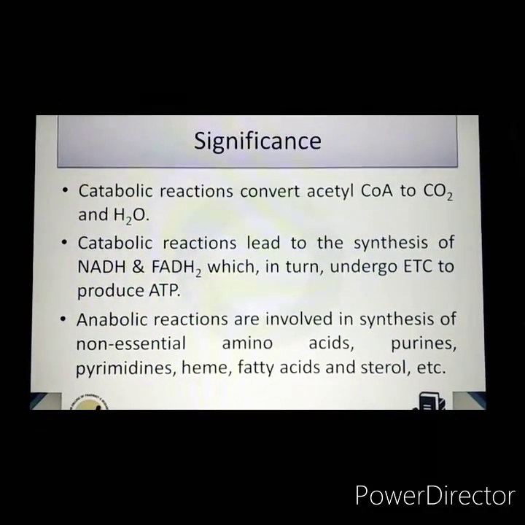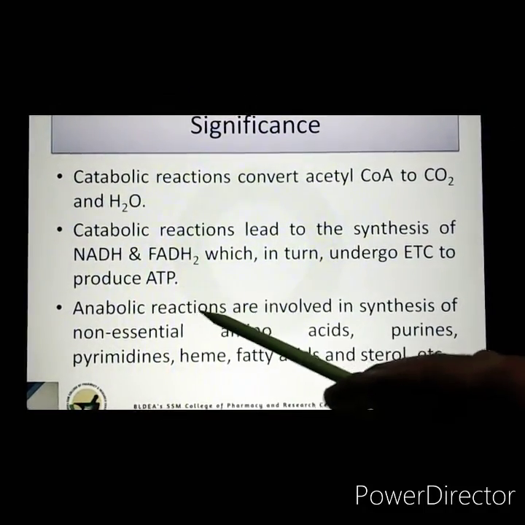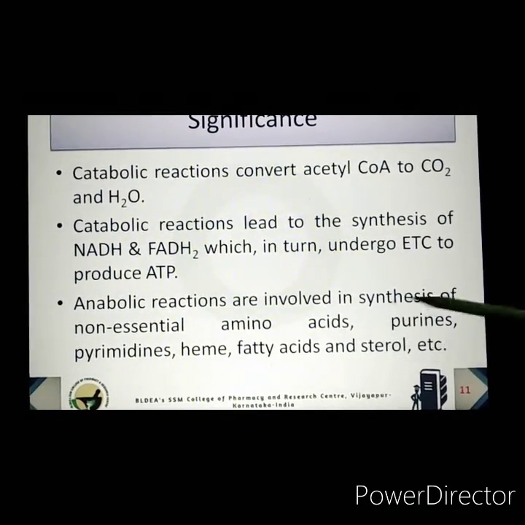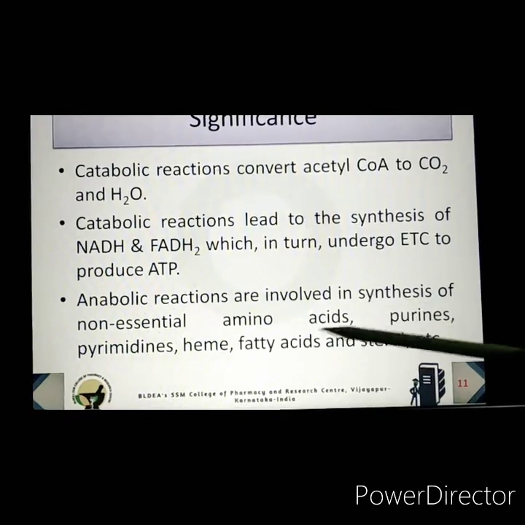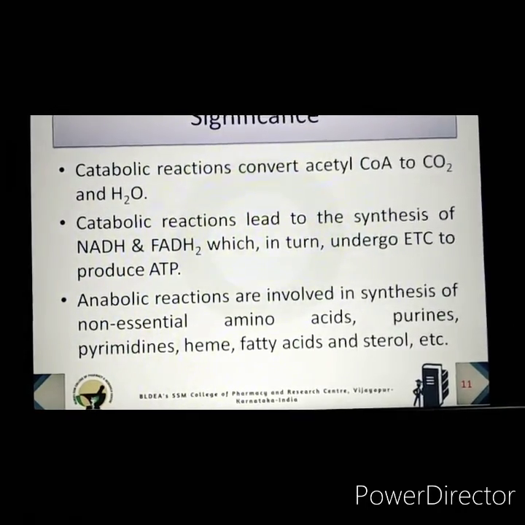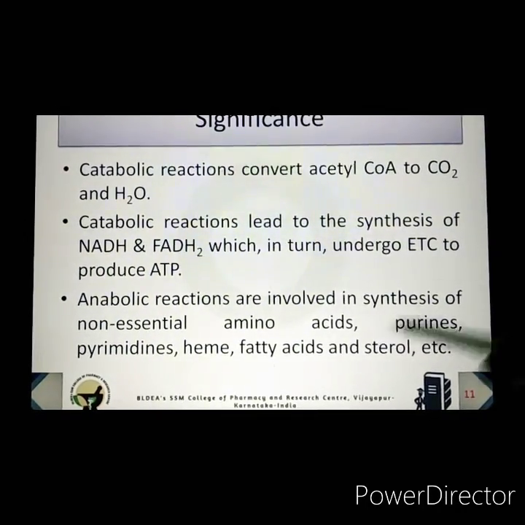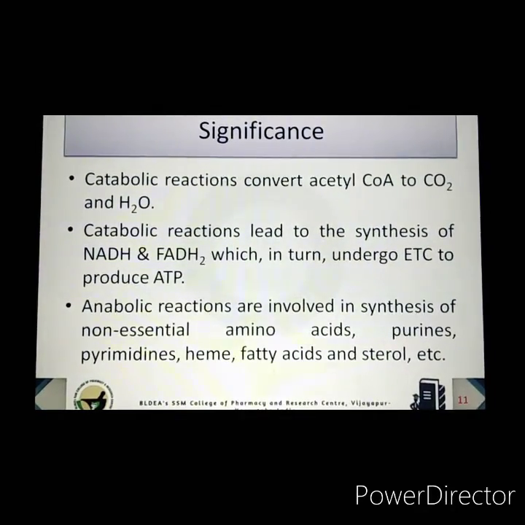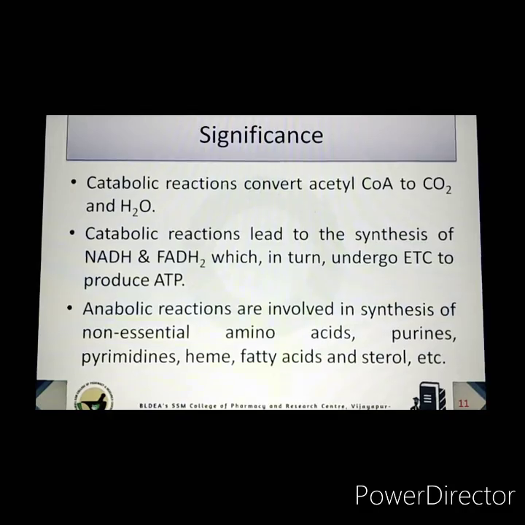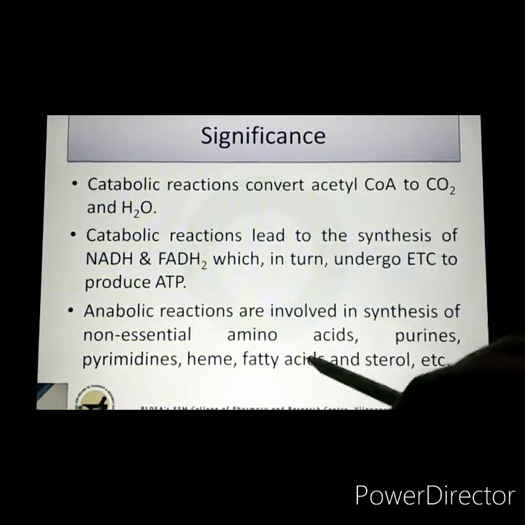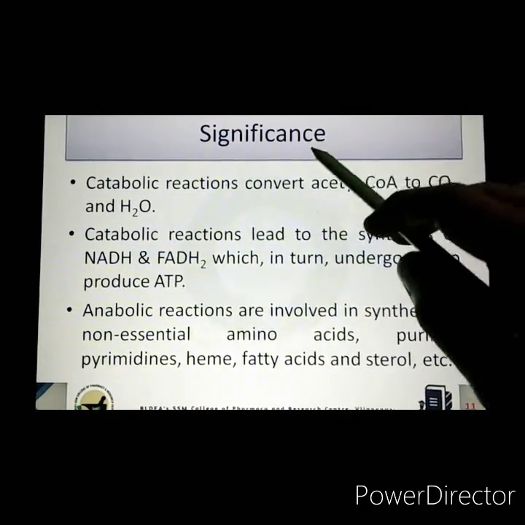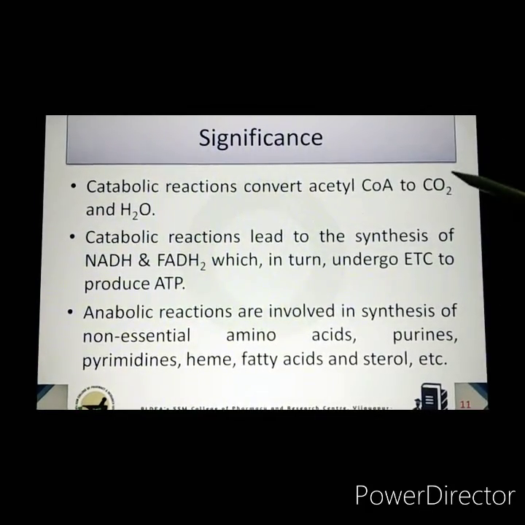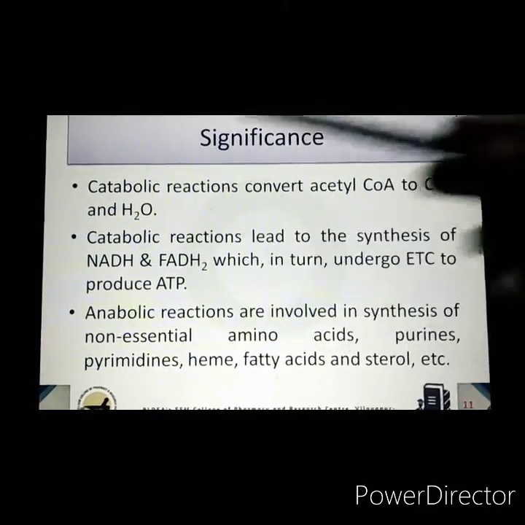Another significance of the TCA cycle is its anabolic reactions, such that there is synthesis of biomolecules like amino acids, purines, pyrimidines, heme, fatty acids and sterols. All these biomolecules are responsible for synthesis of macromolecules like proteins, nucleic acids like DNA and RNA, and also lipids. So it produces energy as well as simpler molecules like carbon dioxide and water.